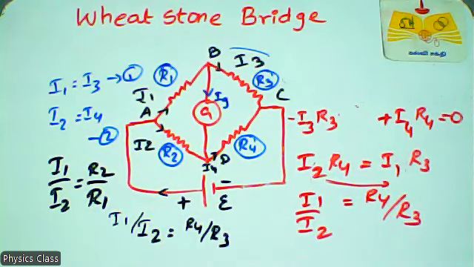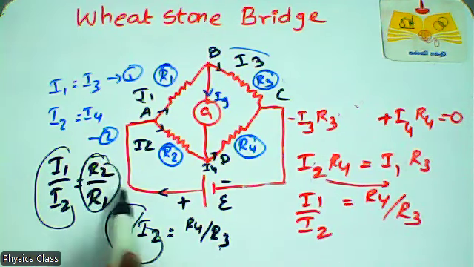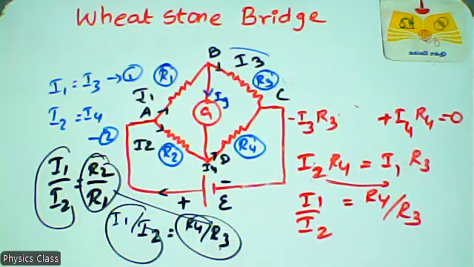Already we have I1 by I2 equal to R2 by R1. Now we also have I1 by I2 equal to R4 by R3. So the left-hand sides are equal, therefore the right-hand sides are also equal. So R2 by R1 equal to R4 by R3.